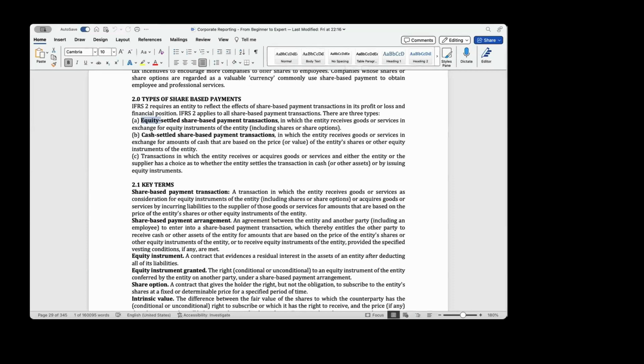Basically, those were what we looked at under share-based payment. Then we looked at some calculations to address all of these issues.